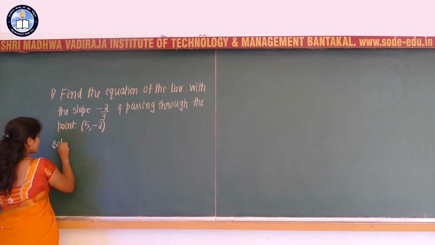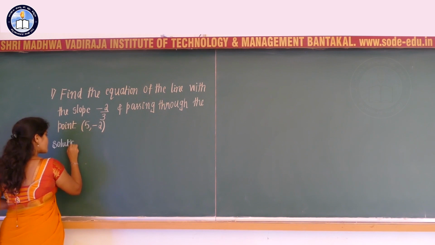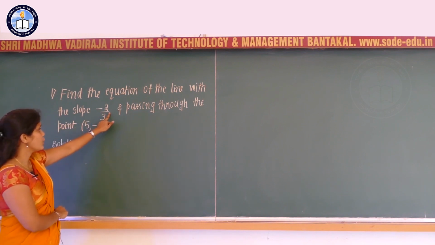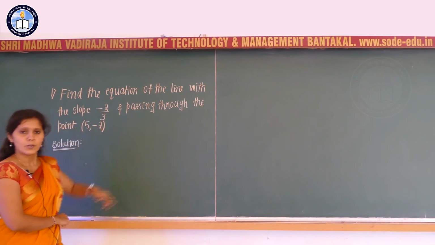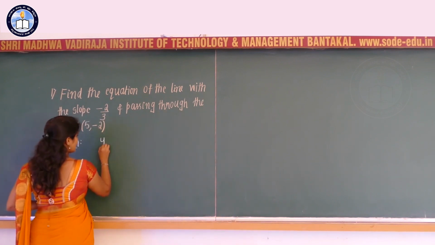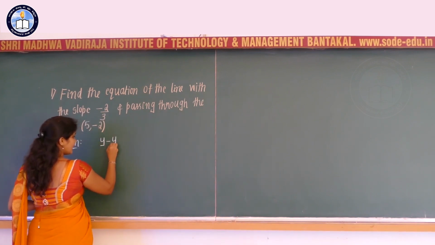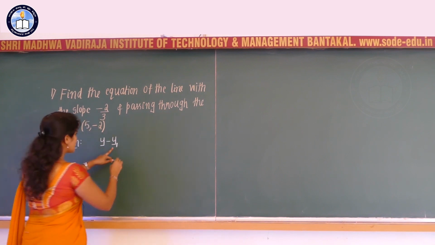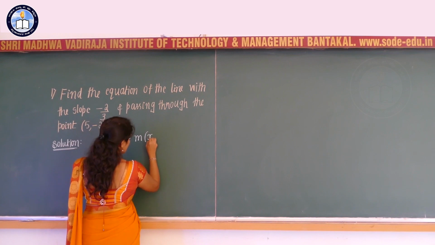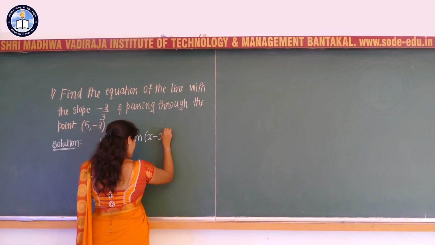How to write the solution of the problem? If a point is given and the slope of the line is given, you can consider the slope point formula. What is the slope point formula? The required equation of the line is given by y minus y1 is equal to m into x minus x1.